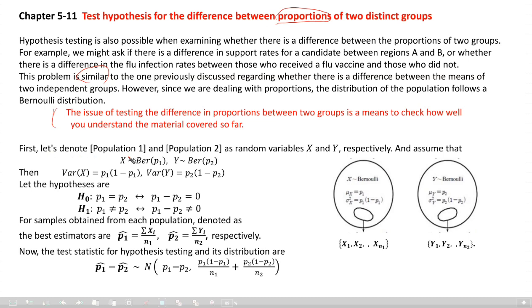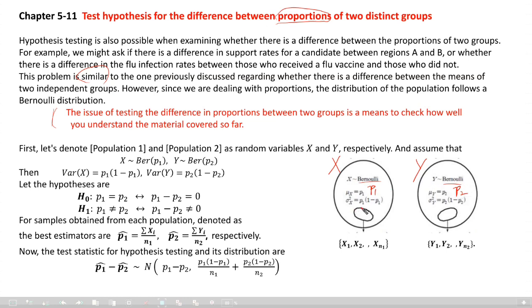Let's denote population 1 and population 2 by random variables X and Y respectively. X follows a Bernoulli distribution, and Y follows a Bernoulli distribution. The mean, or parameter, is P1 for the first population, and the parameter of population 2 is P2.